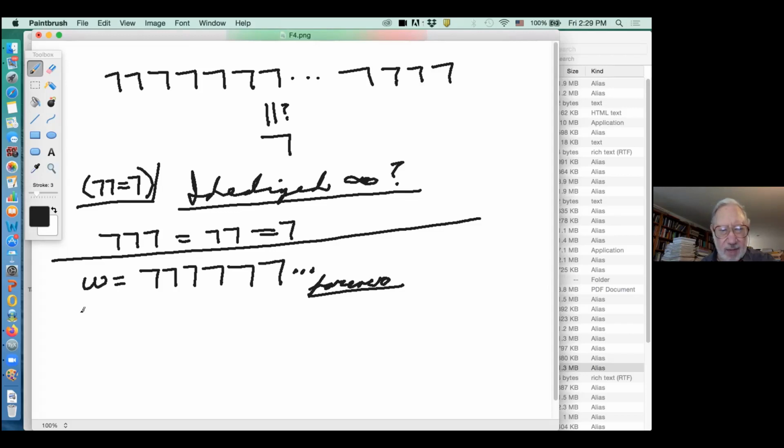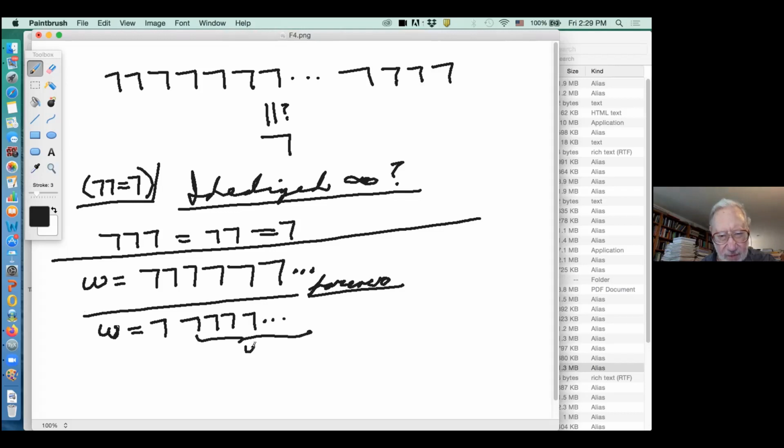But we ended up re-entering it. We ended up re-entering it back into the symbolism, right? We're all familiar with how we might do that. We might say, well, this goes on forever. And this itself is omega right there. It's no different from this omega.